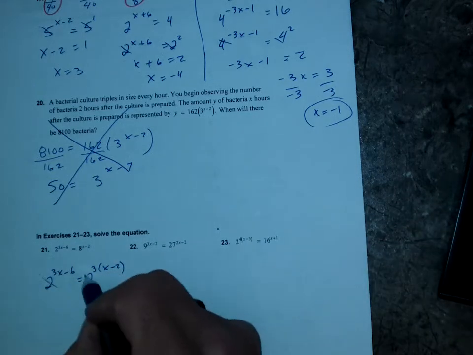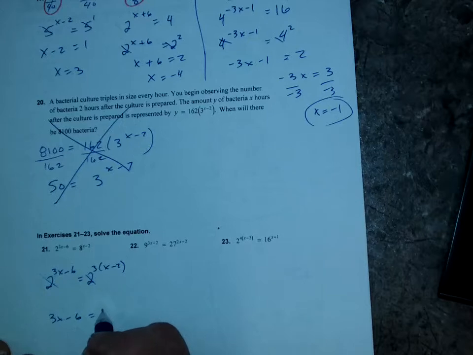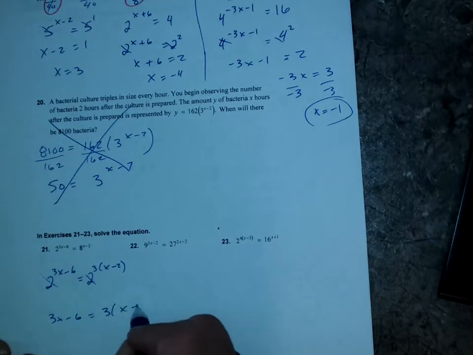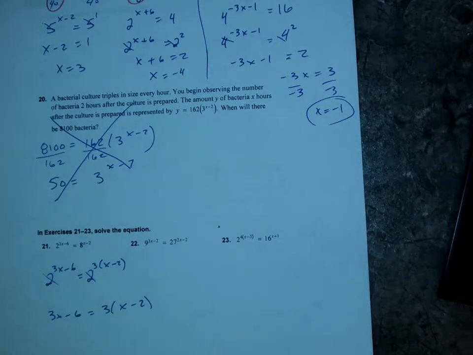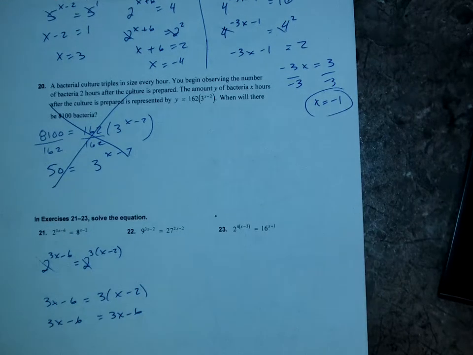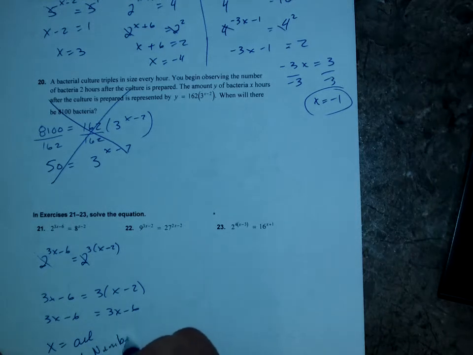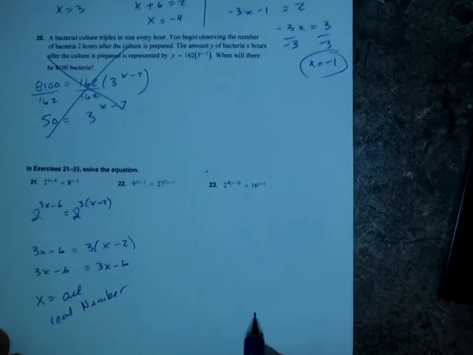Same base, I can cross it off. 3x minus 6 equals 3 times x minus 2. Wow, it's going to be all real numbers, isn't it? You know why I know that? I have the same exact equation. This one's tricky, but I got it. x equals all real numbers, or sometimes we say infinitely many solutions.